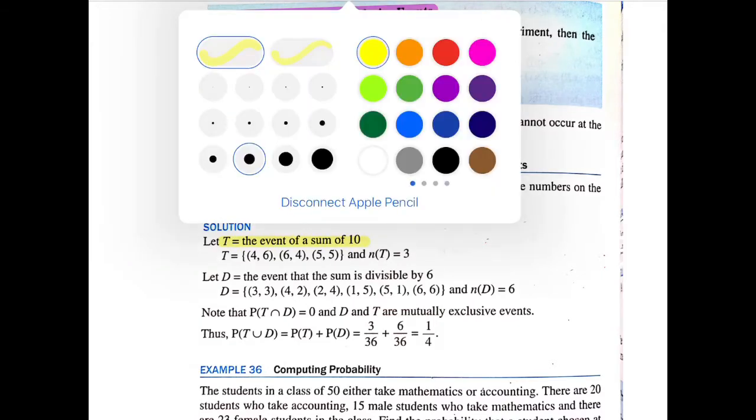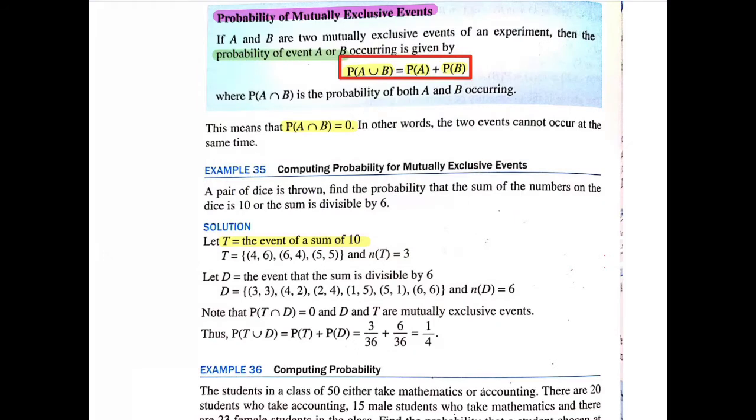The sum will be 10 for 4, 6, then 6, 4, then 5, 5. So the number of outcomes for event T is 3. Therefore, P(T) is equal to 3 over 36. Why 36? Because n(S), the number of outcomes in the sample space, is 36 when a pair of dice is thrown.